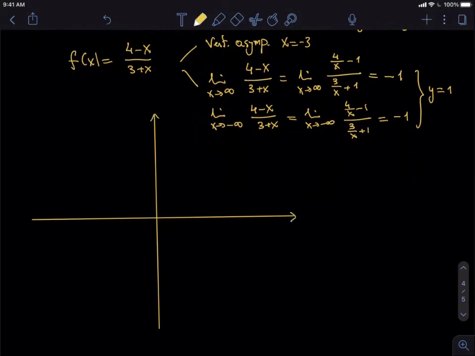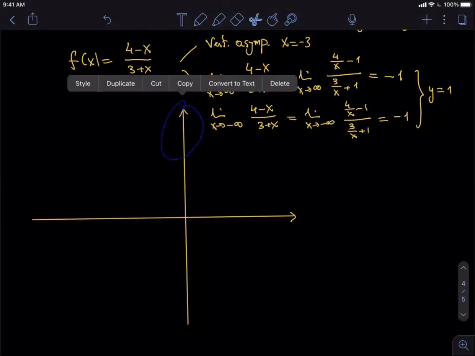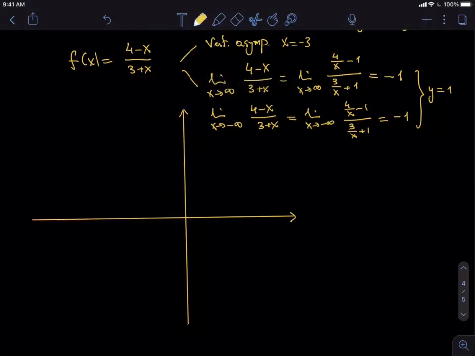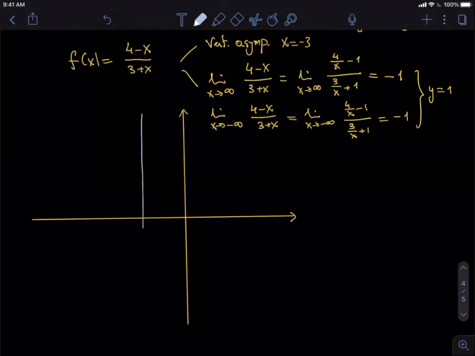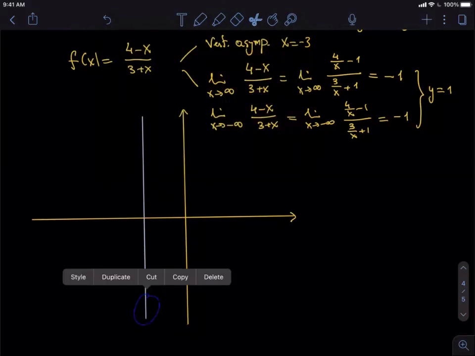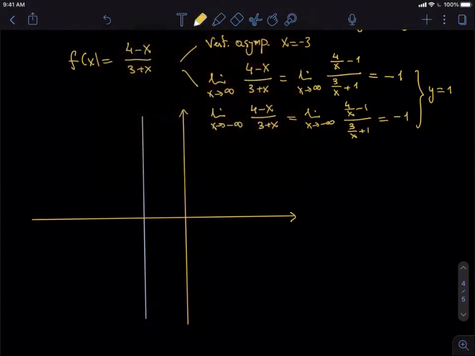We have a vertical asymptote at x equals -3, sorry, not 3.